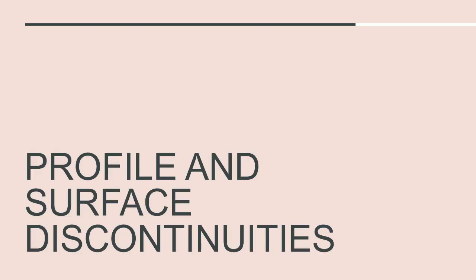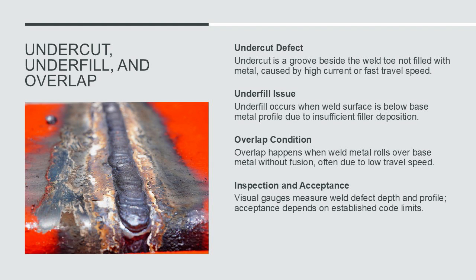Profile and surface discontinuities include undercut, underfill, overlap, and profile deviations. These affect fatigue resistance and structural performance. Undercut is a groove melted beside the weld toe that is not filled with weld metal, caused by high current or excessive travel speed. Underfill occurs when the weld surface is below the adjacent base metal profile, often due to inadequate filler deposition.